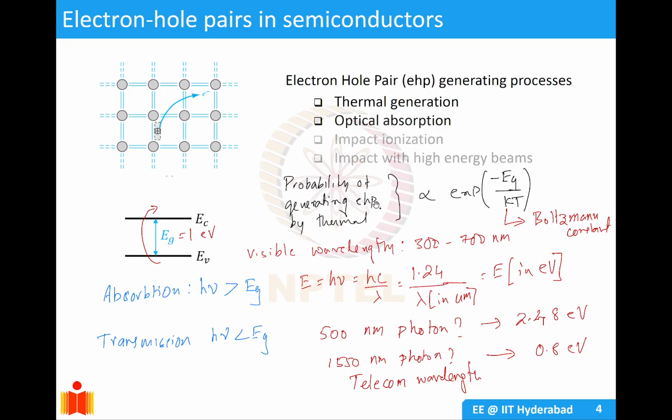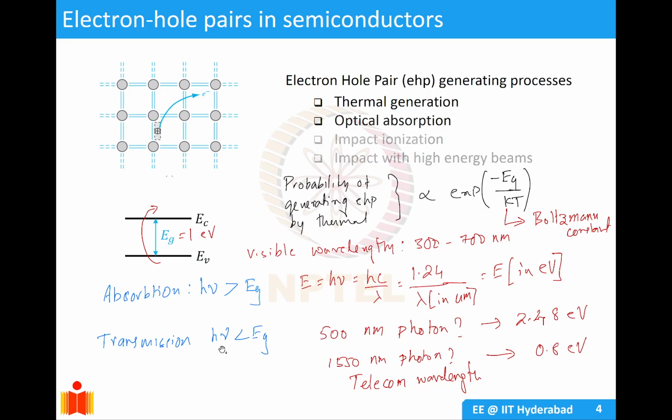The probability of generation of electron hole pairs by thermal generation is proportional to exponential of minus Eg by kT, where k is the Boltzmann constant. For optical absorption, the rule is that the energy of the photon should be greater than the energy of the band gap.